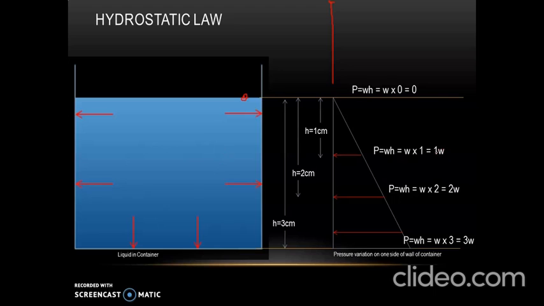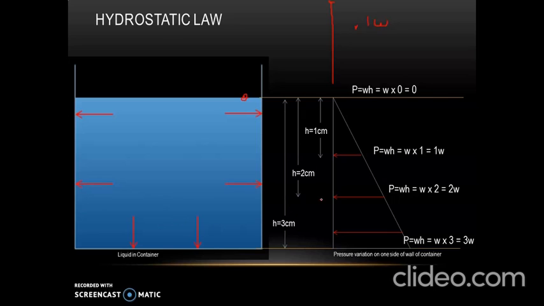If it is mercury, then substitute the value of specific weight for mercury. So now at depth H equal to 1 centimeter, we got the value of pressure as 1 W. So we will mark here 1 W.